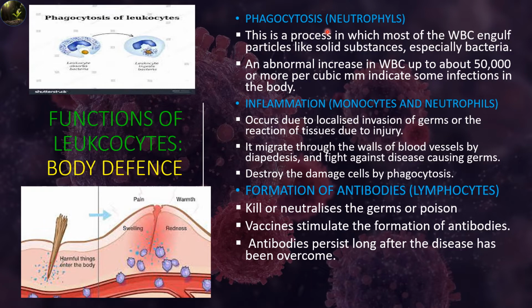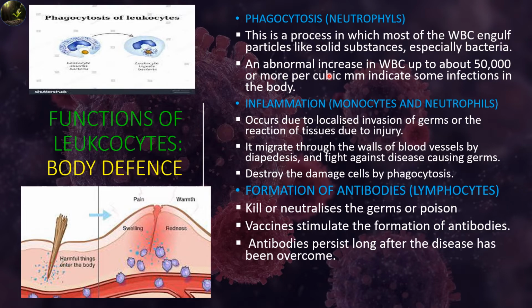What is phagocytosis? This is a process in which most of the WBC engulf particles like solid substances, especially bacteria. Engulfing solid substances or bacteria, we call phagocytosis.